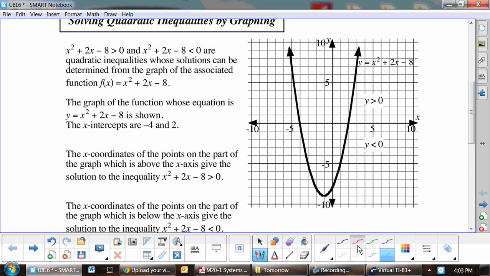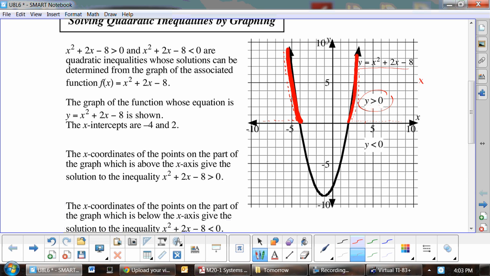And so this section here and here, this is where y is greater than 0. Okay? So looking at our equation here, all these x's here make all of these y's here. And all of these y's that we have in red here are greater than 0.